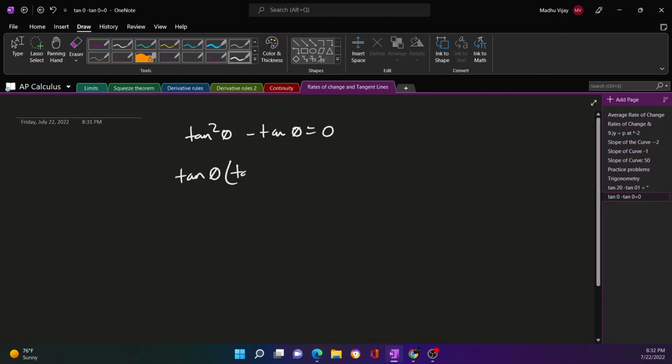So this would be tan theta times tan theta minus 1, which is equal to 0. Now, we also know that since these two things multiply to 0, we can set them individually equal to 0 because of the zero product property.